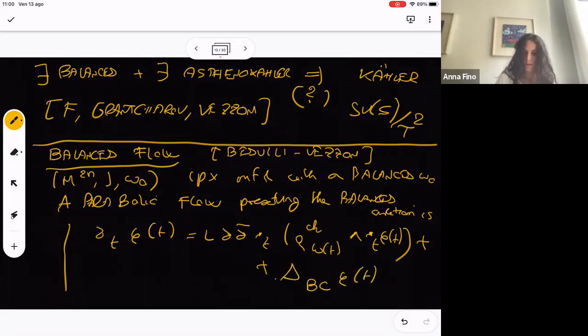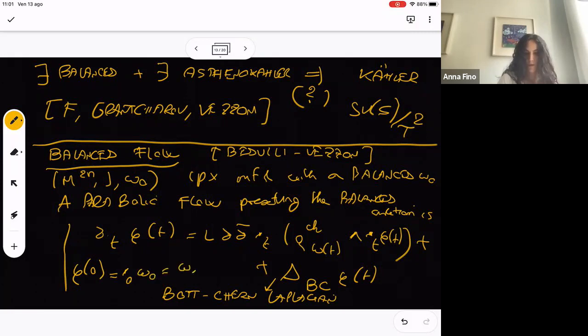I will not write the expression, but it is in the slide. This is a fourth-order operator, essentially, this Bochner Laplacian. And then, of course, you have the initial condition: φ_0 is just ω_0^(n-1) times (n-1)!.